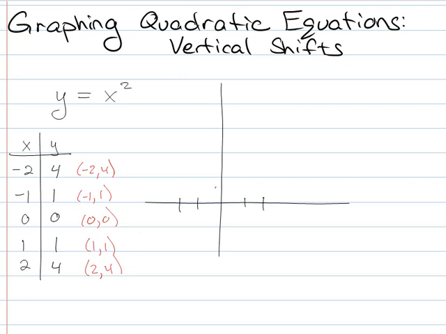So I'm going to go plot these. Okay, so I've got (-2, 4), (-1, 1), (0, 0), (1, 1), and (2, 4). This is my basic shape for a quadratic equation, y equals x squared.